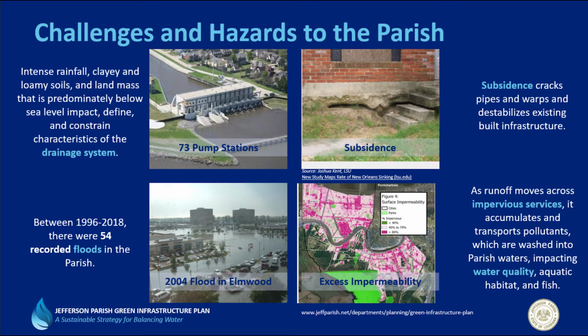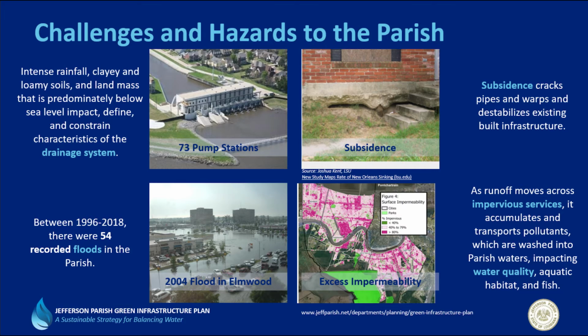Jefferson Parish Drainage Department operates and maintains 73 drainage pump stations containing 195 pumps installed throughout the parish drainage system for a total capacity of 47,100 cubic feet per second.